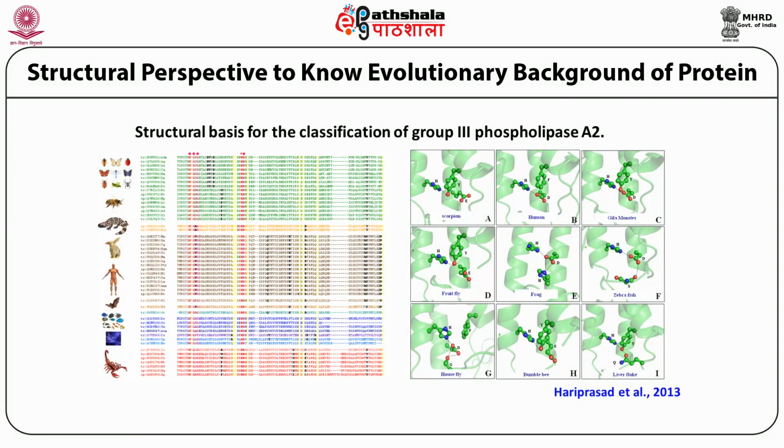Protein structure prediction also helps to understand the evolutionary background of a particular protein. Here, in our lab, we tried understanding the sequences of group 3 phospholipase A2 from an array of organisms, from insects to gila monster, rabbit, the human body, the bat, the sea anemones, fishes, and the scorpion. What is interesting is that the catalytic site is different in different organisms.